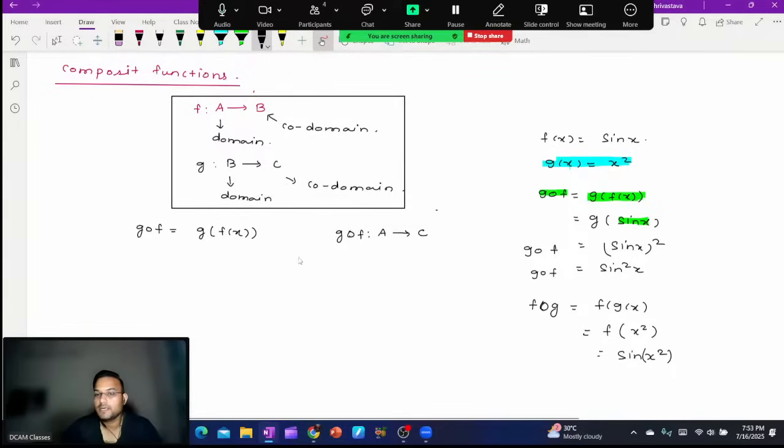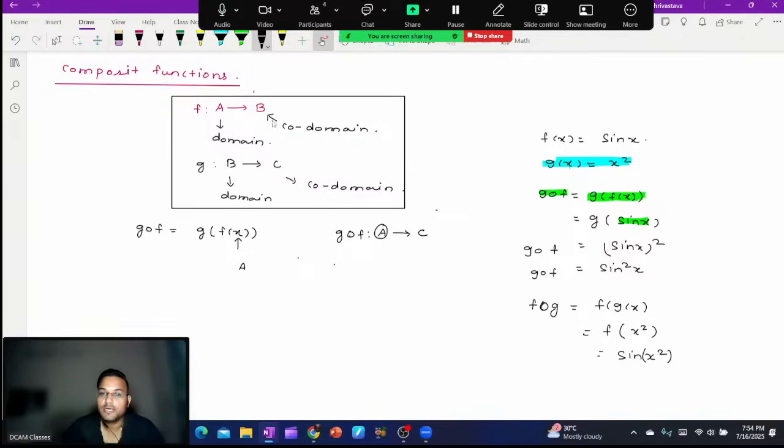For the g circle f function, g circle f is g of f of x. So what input values will you be putting? The input of f, meaning A. And what output will you get?